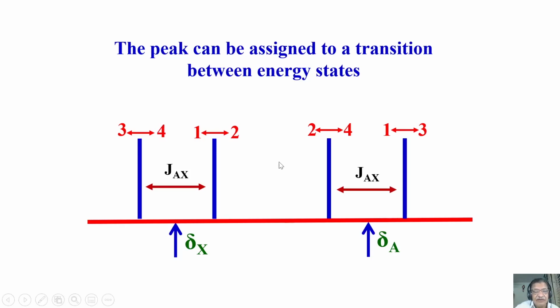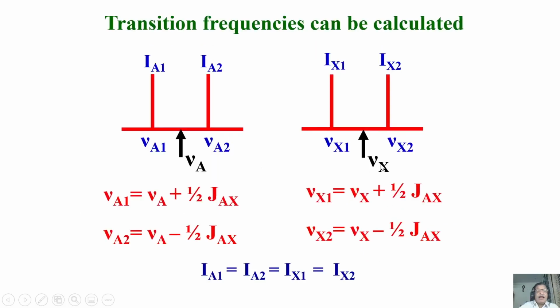It gives 4 lines of equal intensity. Get this center, you get the chemical shift of this. Get this center, you get the chemical shift of this. Simply measure one of these separations, and we will get JAX. And we can also calculate the transition intensities. The transition intensities in this case for all of them, I will say IA1, IA2, IX1, IX2. These are the intensities for each of the transitions.